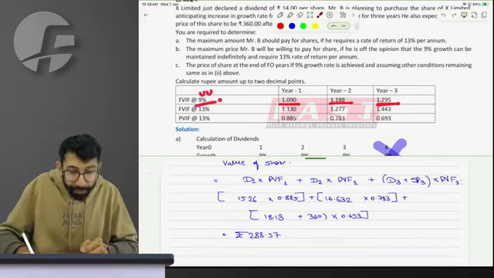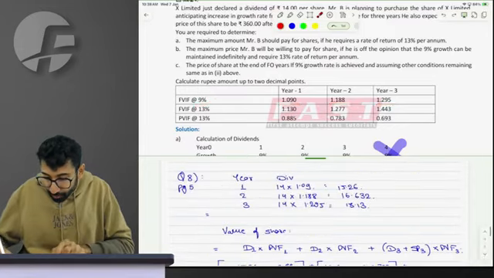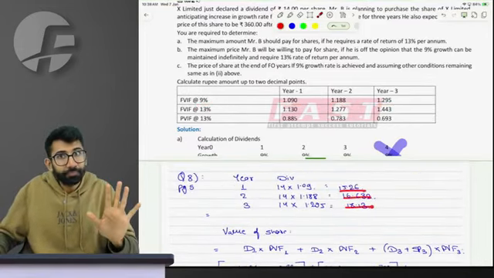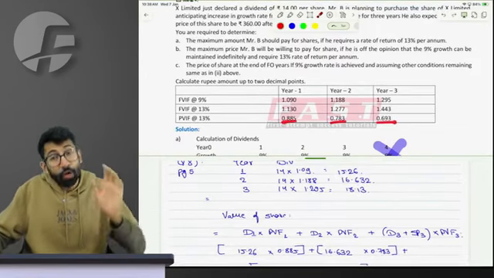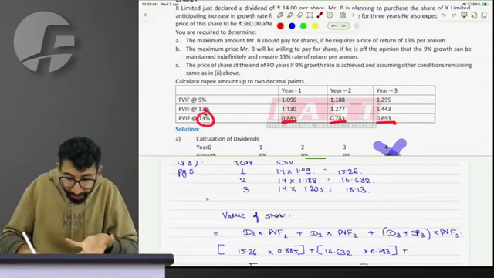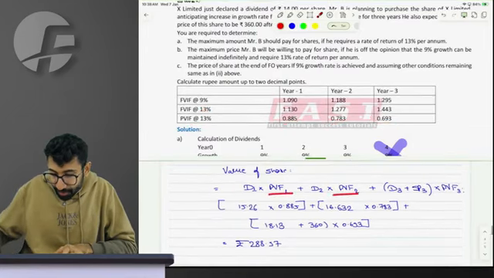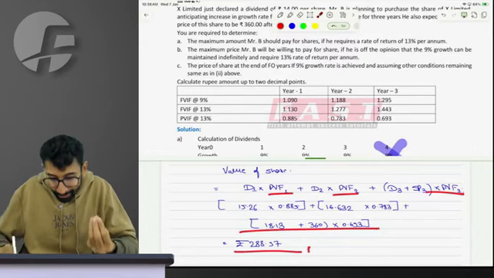So using 9% growth, that is what we have found: the future dividends of years 1, 2 and 3. Similarly, the present value factor discounts those future cash flows to present value at the rate of 13%. All this is extremely basic, despite that I thought of repeating it.